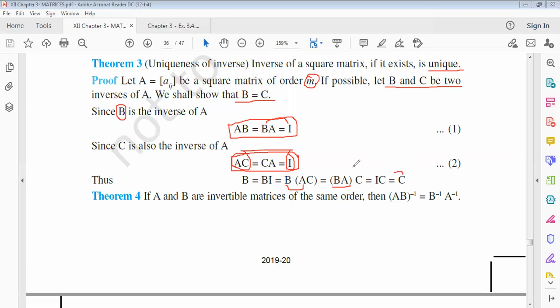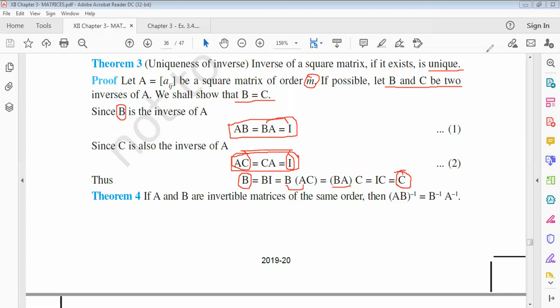So we have proved here that starting with the matrix B, we finally get C as a result. That means B and C are equal to each other.